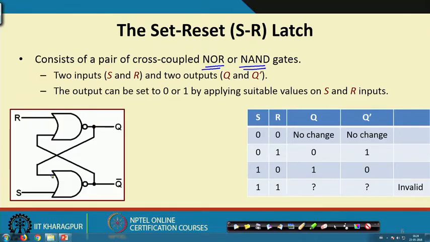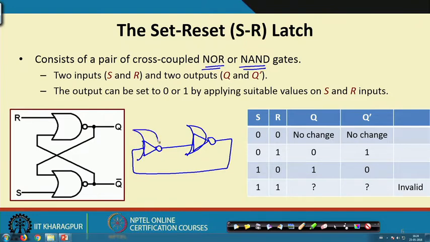Now, let me talk about one thing. I mentioned earlier that 2 inverters connected in cascade with a feedback constitute a stable storage element. Now, suppose I modify these inverters into 2 input gates. Let us say I make this a NOR gate, I make this also a NOR gate, and I apply another input here and I apply another input here.